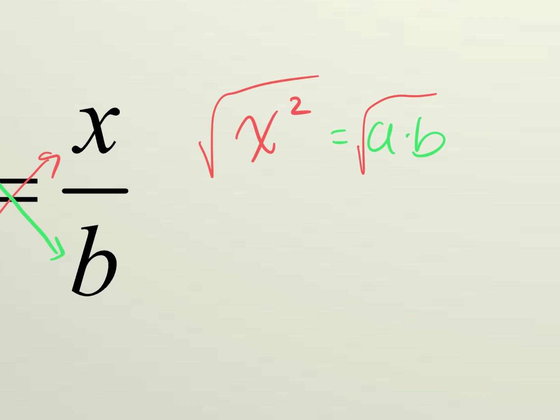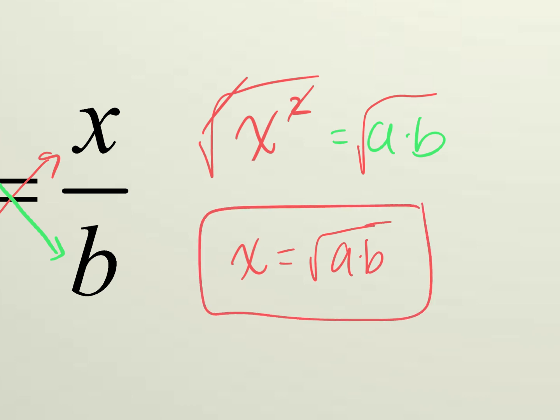What happens when you square root something that's squared? Cancels. So we have X equals the square root of A times B. This is geometric mean, okay? So a question may ask, what is the geometric mean of A and B? You will multiply those two numbers and then take the square root of your answer.